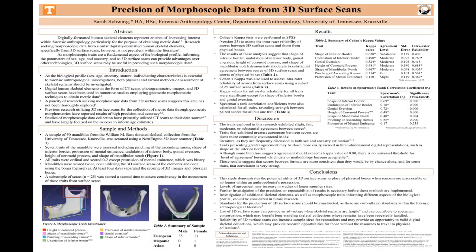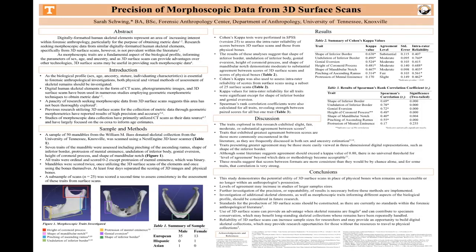Another thing that I'm really interested to look at is agreement in my personal scores for the cranium versus those for the mandible, because the mandible is less frequently used in constructing the biological profile, in estimating sex and estimating ancestry. We might just be less familiar in general with these traits.